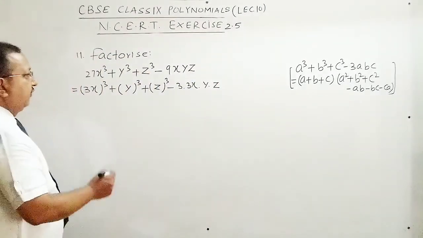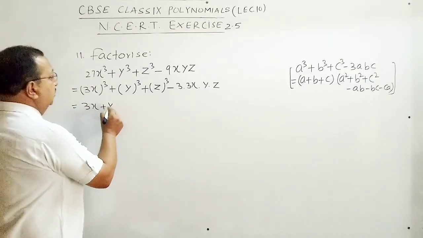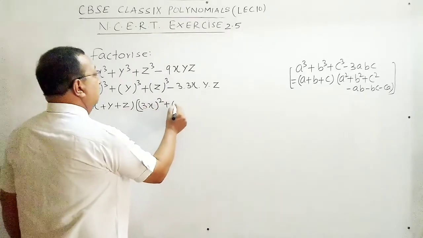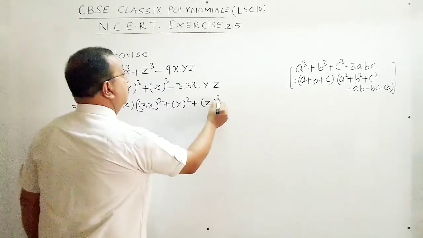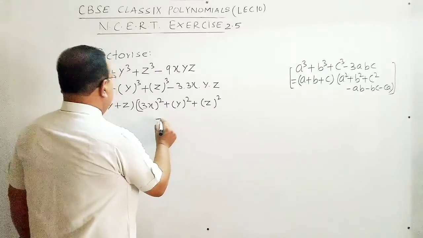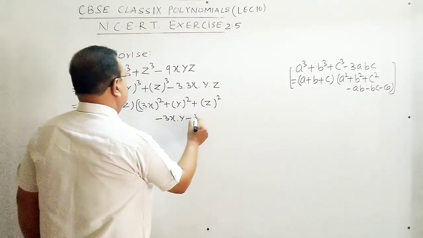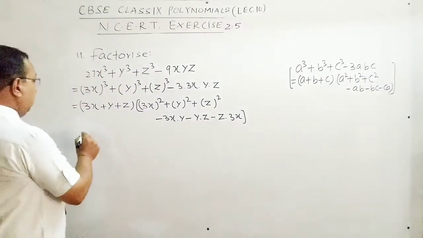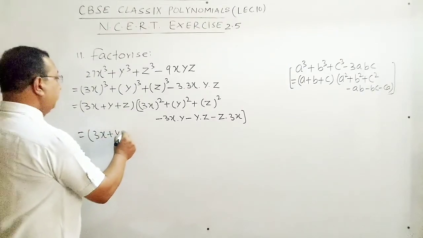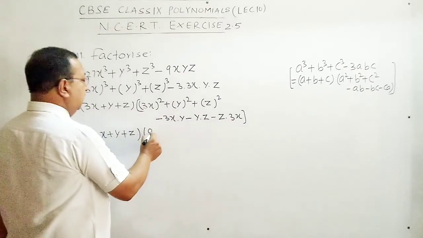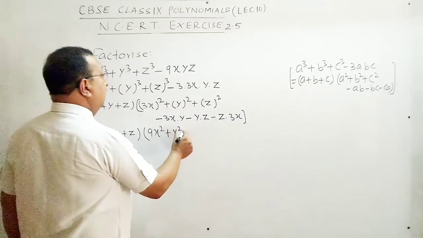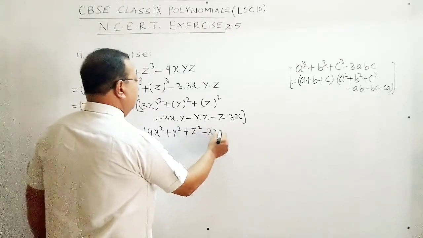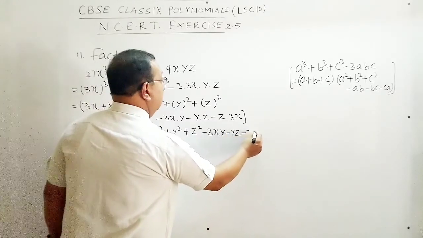Use that identity and factorize it to a plus b plus c in one bracket, in the next bracket a square plus b square plus c square minus ab, that is minus 3x into y, minus bc, minus y into z, minus ca, that is minus z into 3x, and simplify them. 3x plus y plus z in one bracket, square of 3x is 9x square plus square of y is y square plus square of z is z square minus 3xy minus yz minus 3zx.